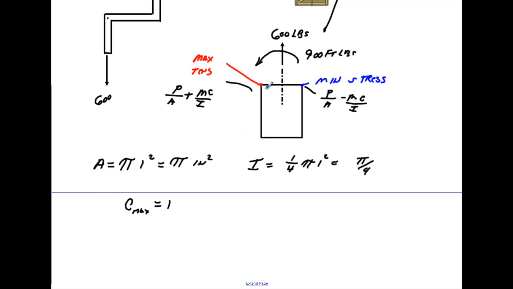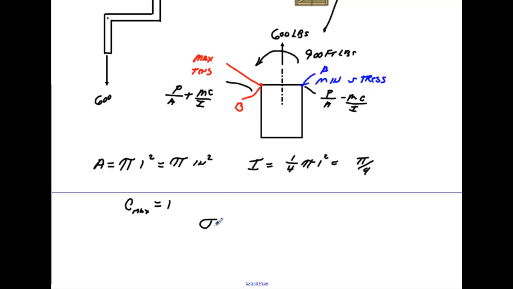So if I want to find the stress here, we'll call that point B, and we'll call this point A. Okay, so the stress at A first.